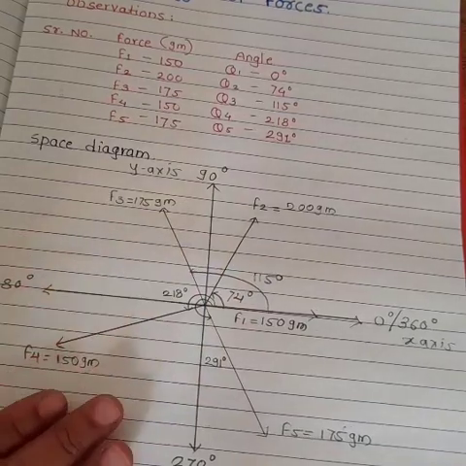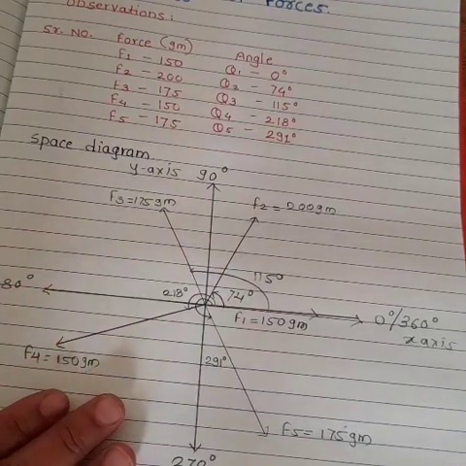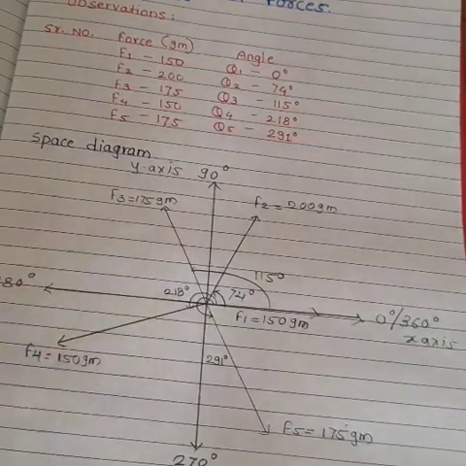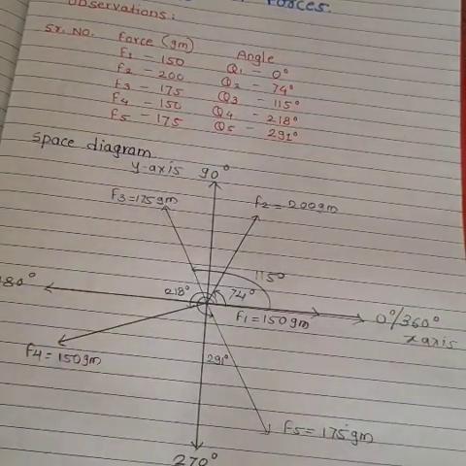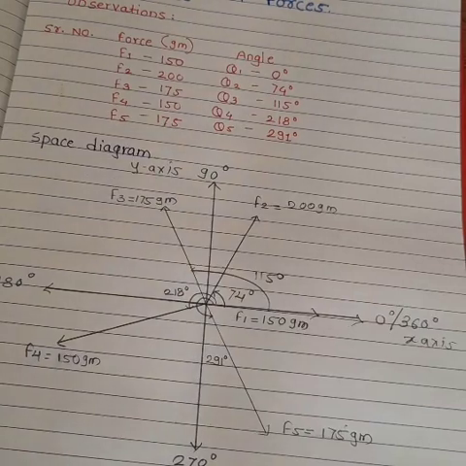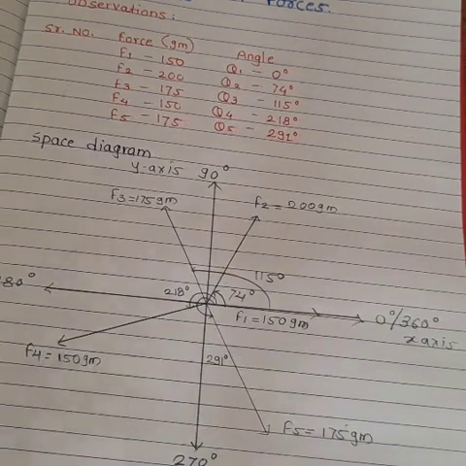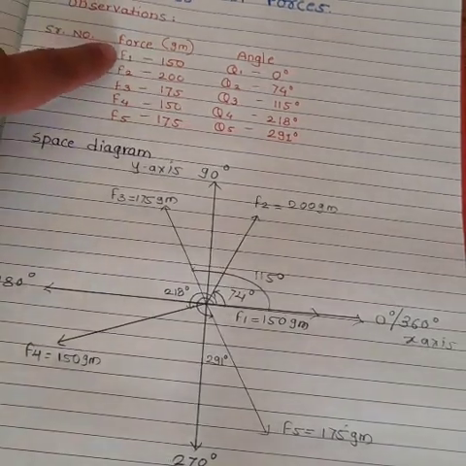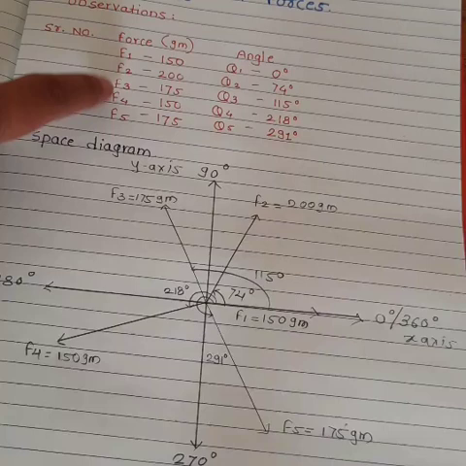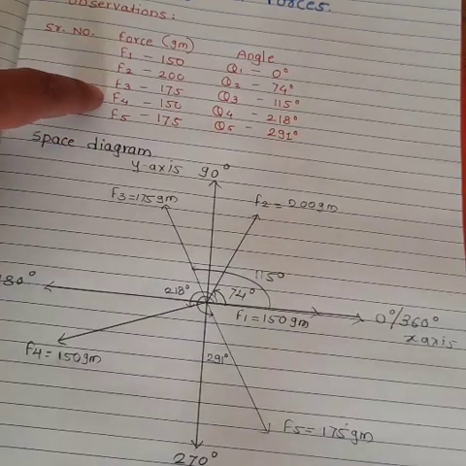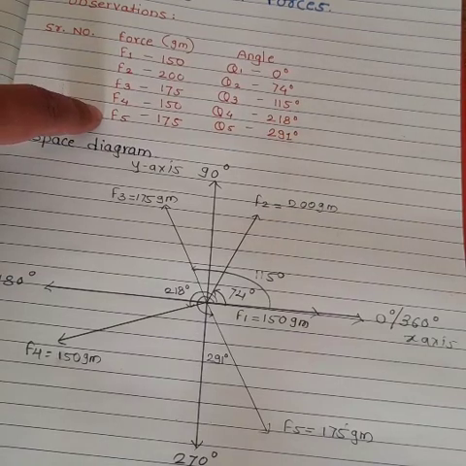After doing this space diagram, we can draw a vector diagram or force diagram using it. We require a scale for drawing the force diagram, so let's define the scale. Just see all the forces in absolute numbers: 150, 200, 175 gram, 150 gram and 175 gram.